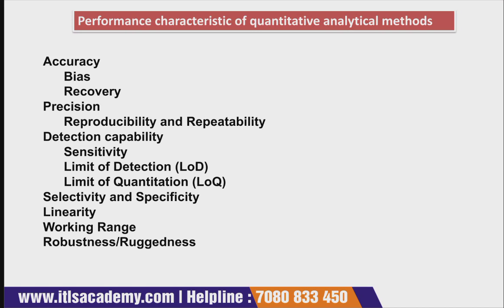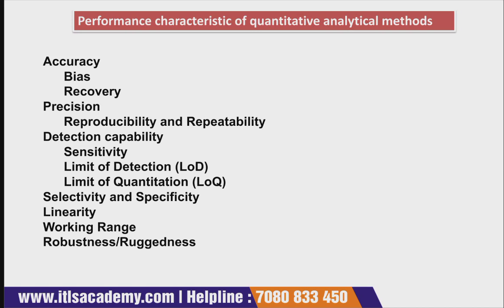Then reproducibility should be good, means it gives a very good output or yield, and it could be used repeatedly. The detection capability should be very good, means it could detect samples that are very sensitive in nature.